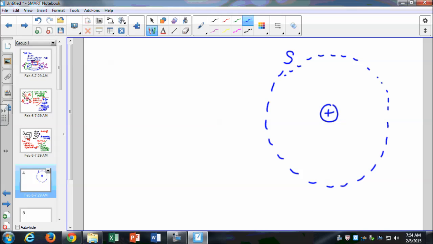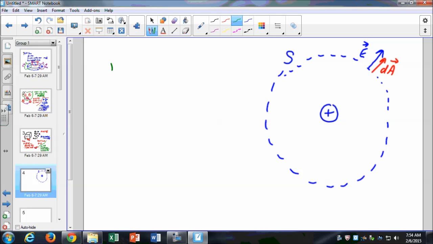I know that at every point along that Gaussian surface, I have an electric field that's in that direction. And what is the direction of my area vector? Right, it's going to be perpendicular to the surface, which is in the same direction as the electric field vector. So that's my electric field and my area vector.